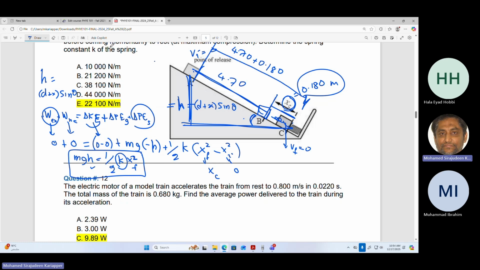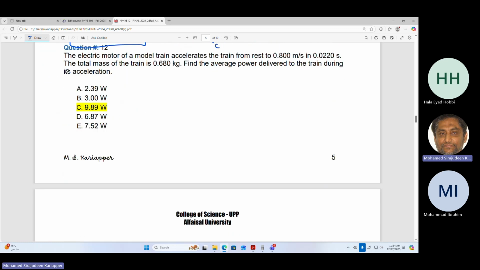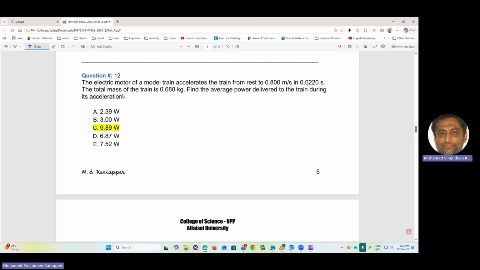Let's move on now. Next question. Question 12. This is a question on power. So an electric motor of a model train starts from initial velocity of 0 and reaches a speed of this, so this is the final velocity, in this amount of time.